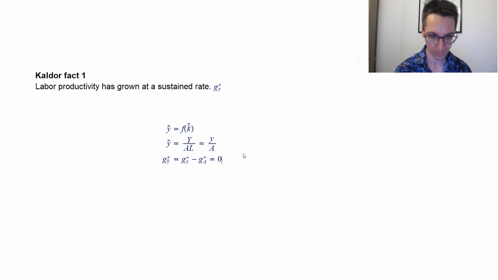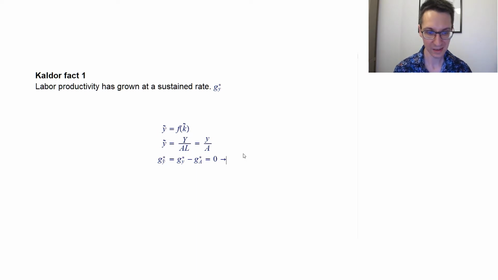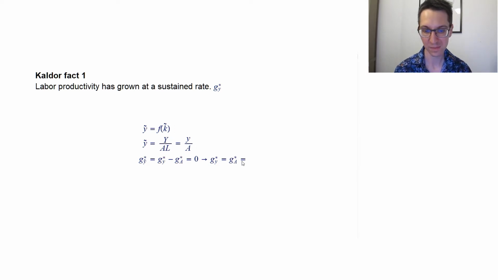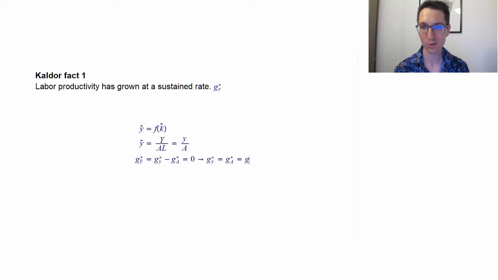So it means that the growth rate of output per worker is actually equal to the growth rate of technology again, and it is equal to g. So again, what drives output per worker? What drives productivity? And in the end, here it plays the same role as GDP per capita.